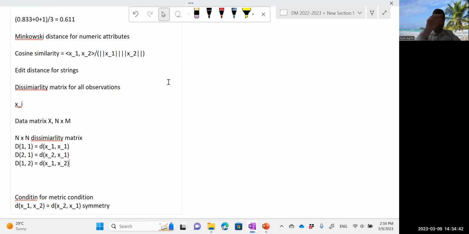Okay? Because the matrix element 1 2 would be similar to the value at 2 1, and in general for any two values that are at the same position across the diagonal. So this dissimilarity matrix is symmetric.